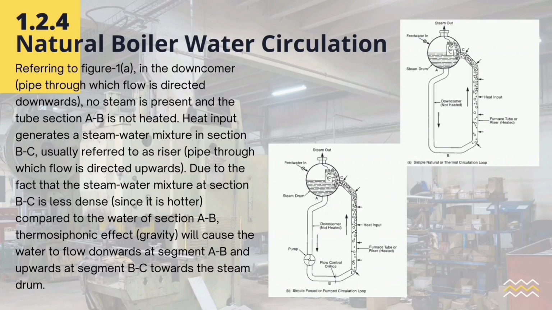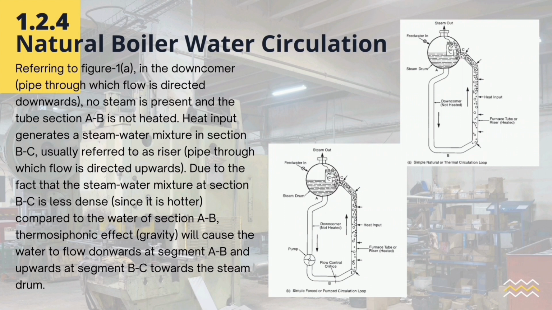Next is natural boiler water circulation. Referring to figure 1A, in the downcomer, the pipe through which flow is directed downwards, no steam is present and the tube section AB is not heated. Heat input generates a steam-water mixture in section BC, usually referred to as the riser, the pipe through which flow is directed upwards.